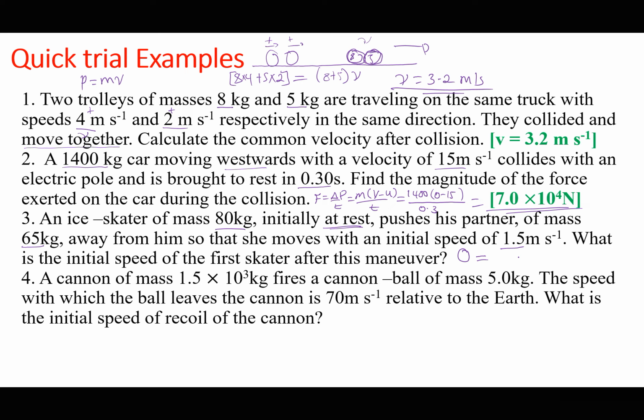Let the mass of the first skater be 80 kilograms, and we don't know his velocity. Let their velocity be v.